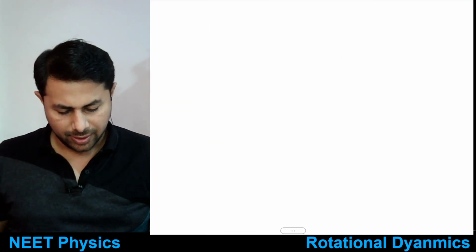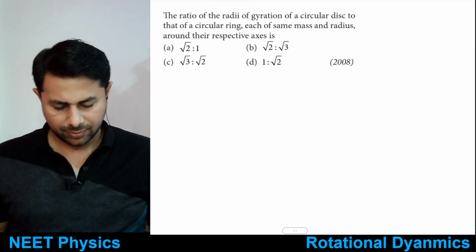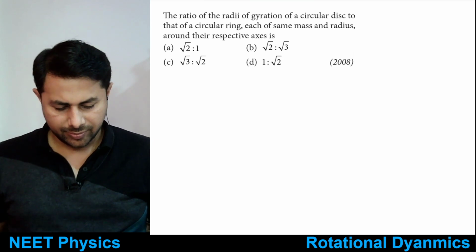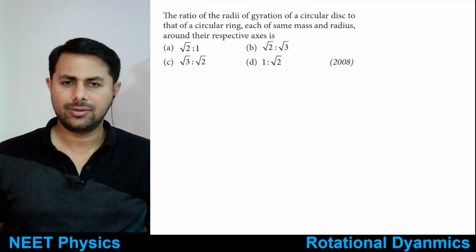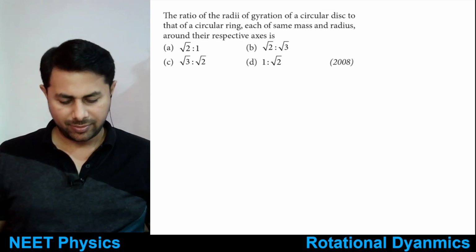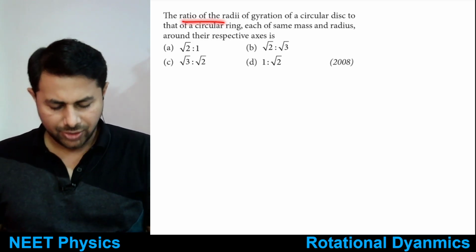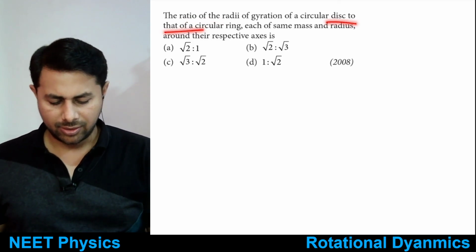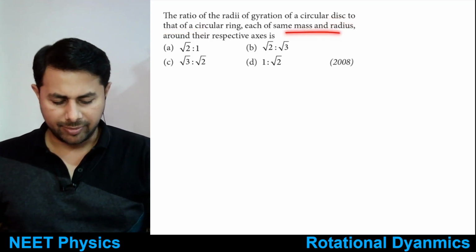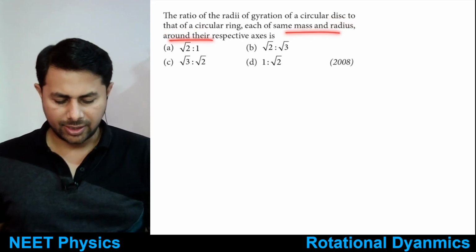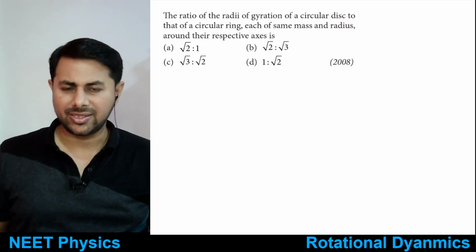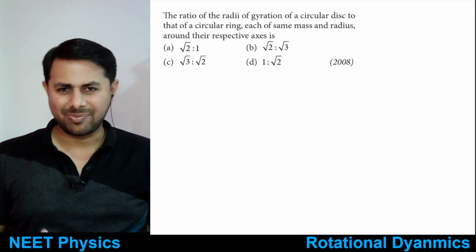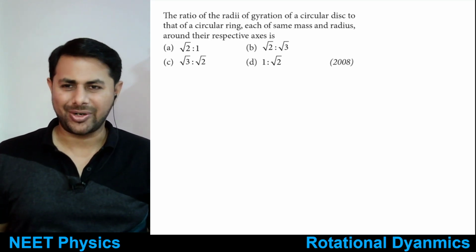All right, so then let us see some problems based upon this, the radius of gyration and the parallel and perpendicular axis theorem. The ratio of radii of gyration of a circular disc to that of a circular ring, each of the same mass and radius, around their respective axes. Respective axes means natural axes. Natural axes means passing through the center of mass perpendicular to the plane of the body.